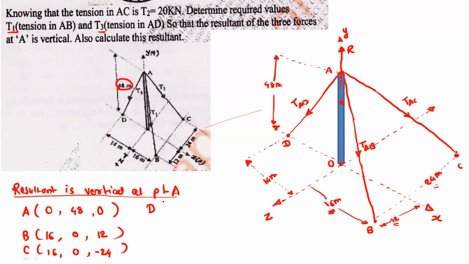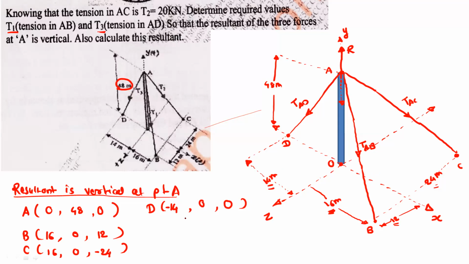And point D, it is again in the zx plane. So y coordinate is 0, and D point is along the x axis, so z coordinate is also 0 and x coordinate is minus 14.